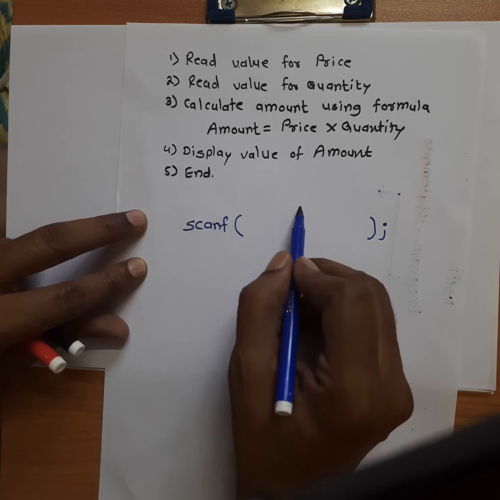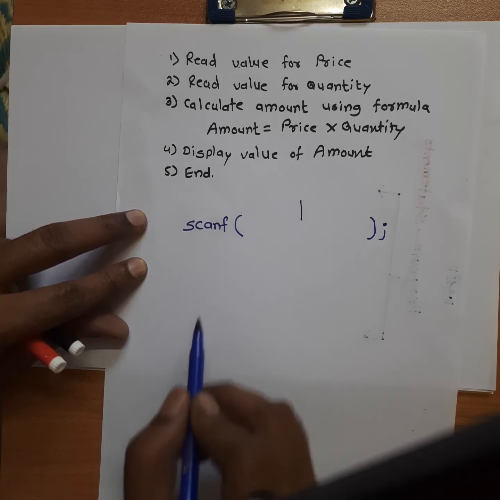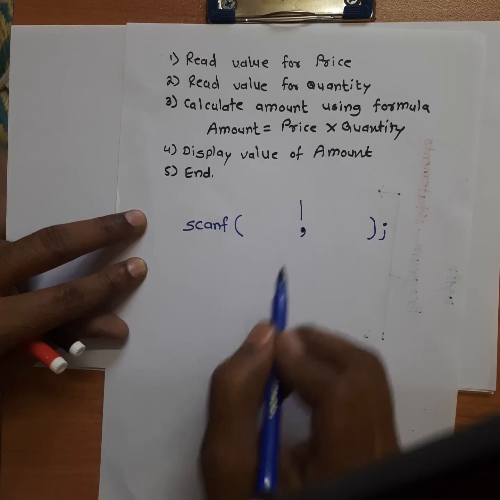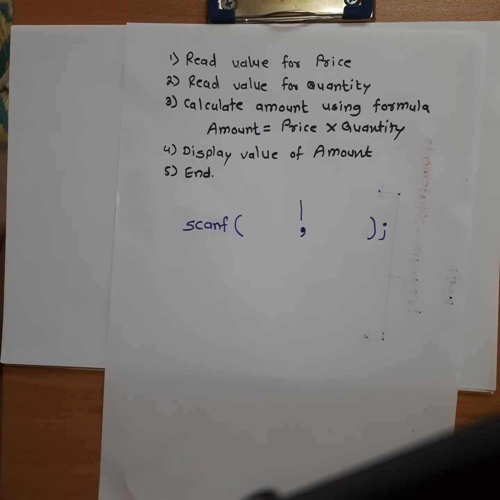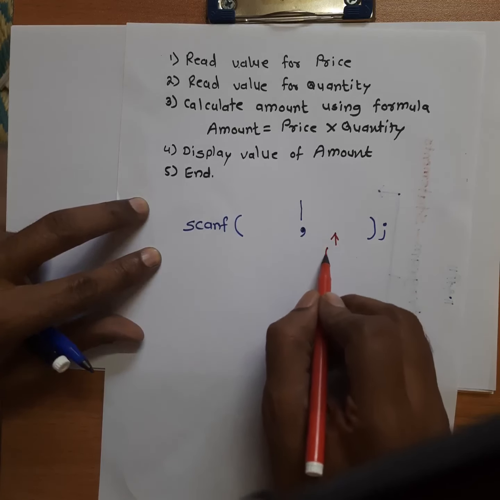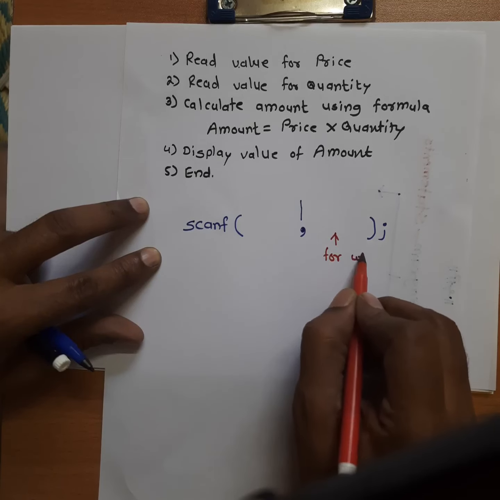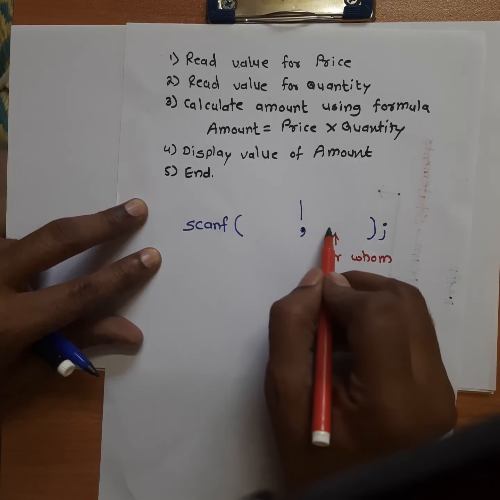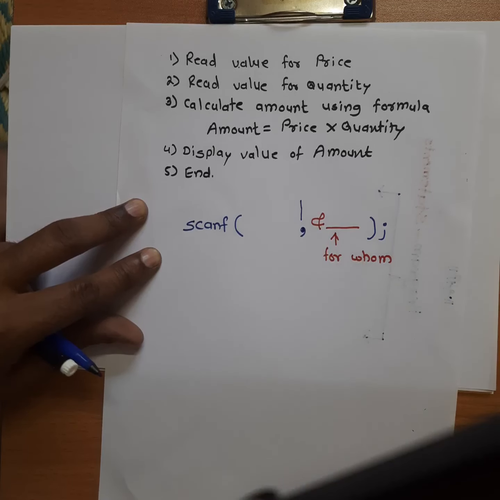This scanf statement is divided into two parts, and to separate these two parts we give a comma. Now the second part indicates for whom we are expecting the value, and before that we have to give an ampersand. The meaning of ampersand we will check at the time of the pointer topic.